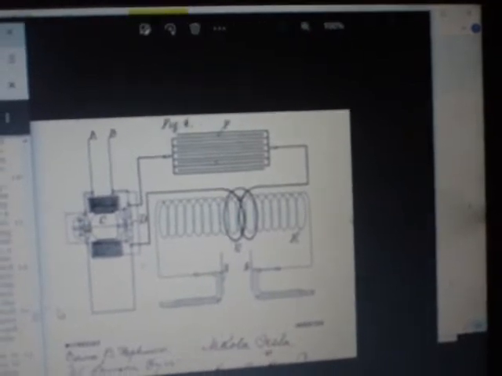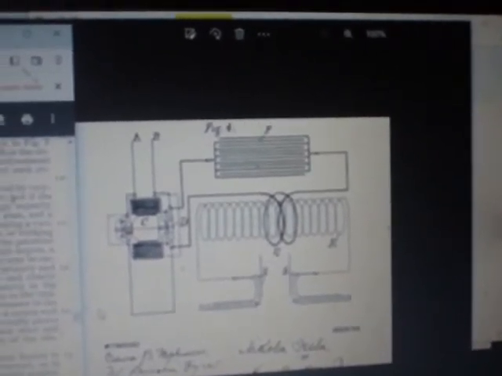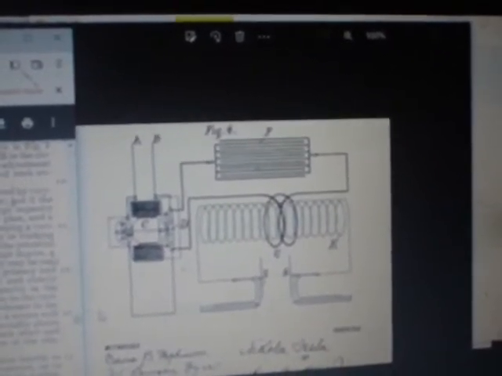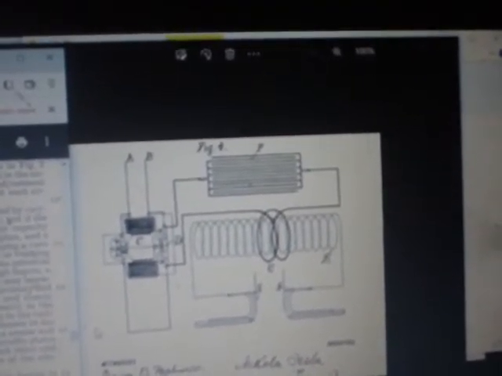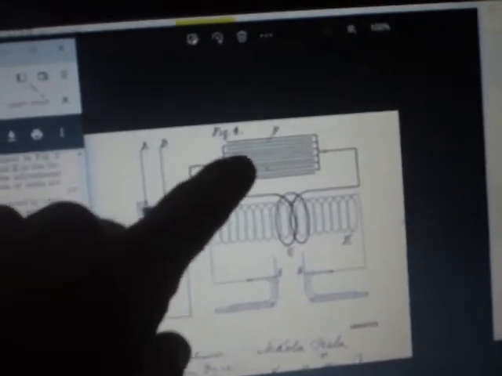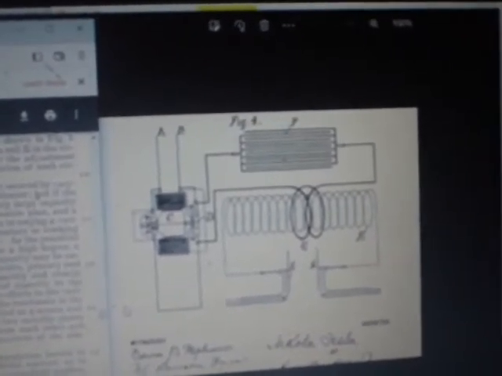So in figure 4, as the potential in this circuit is raised to a high degree, a condenser of very small capacity may be employed, and we still speak about this capacitor here. It may be very inexpensive and very small.